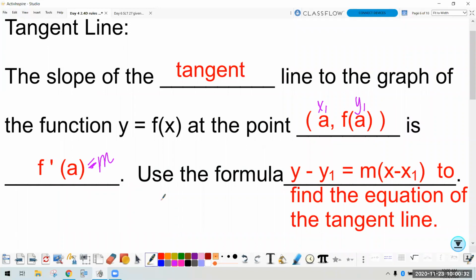We've been doing that since the beginning of our derivative units. Point slope form is our favorite. If you want to write it down, I'll pause here. If you already got that or you have that on your summary sheet, you don't have to copy it again.